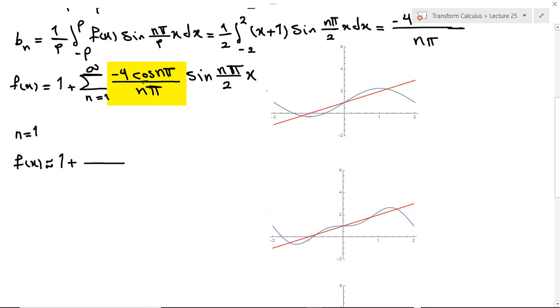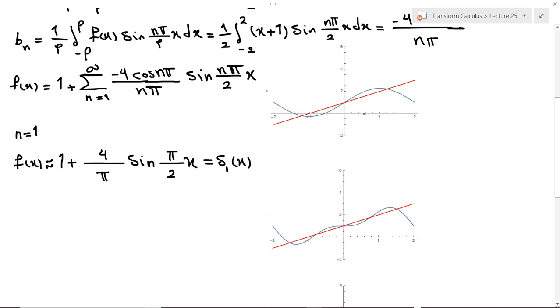Cosine pi is equal to minus 1. So it's going to be 4 divided by pi, sine(pi over 2 x). I call it the first Fourier series, or S1(x).